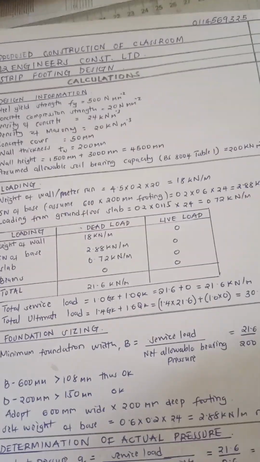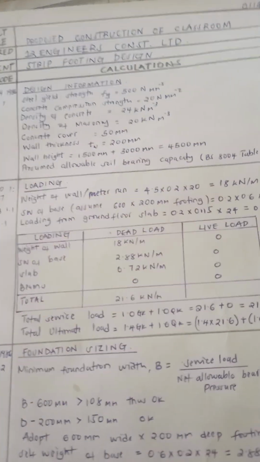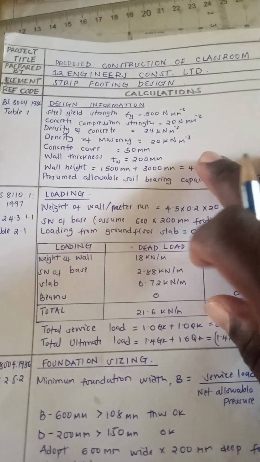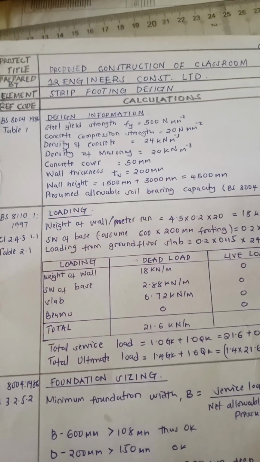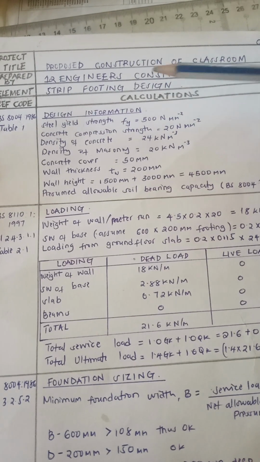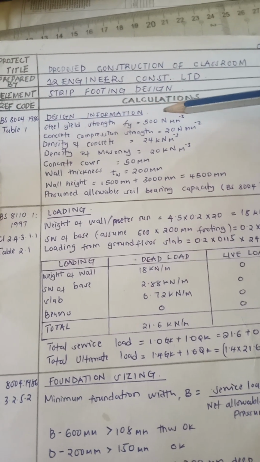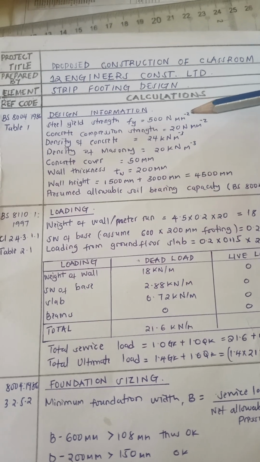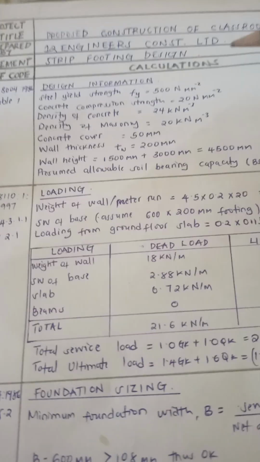So the design in itself, of course, begins with your design information like so, with your number one here being the yield strength of steel at this point as 500 newtons per millimeter squared.